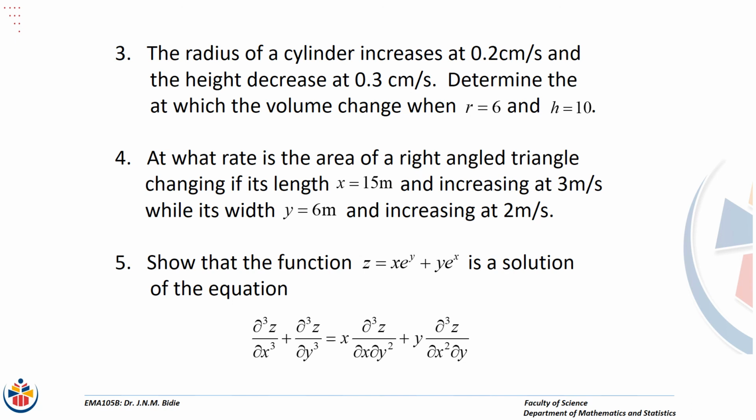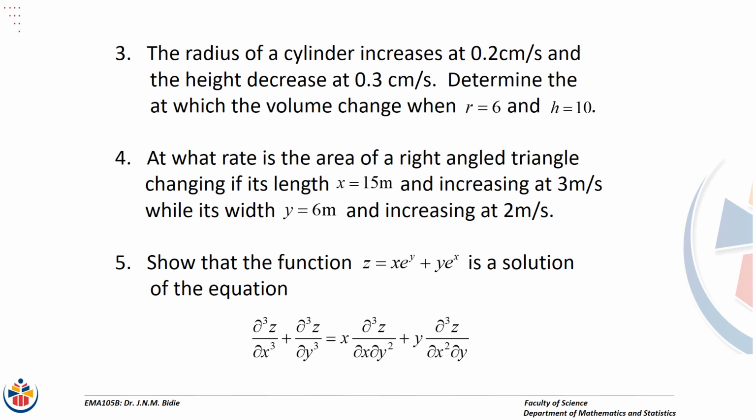Here are some exercises for you to do. It's just a few of them. Please look up other exercises that involve small changes. Number 3 is talking about the radius of a cylinder. Because you've got a cylinder, we need the volume change. So what is the formula for the volume of a cylinder?